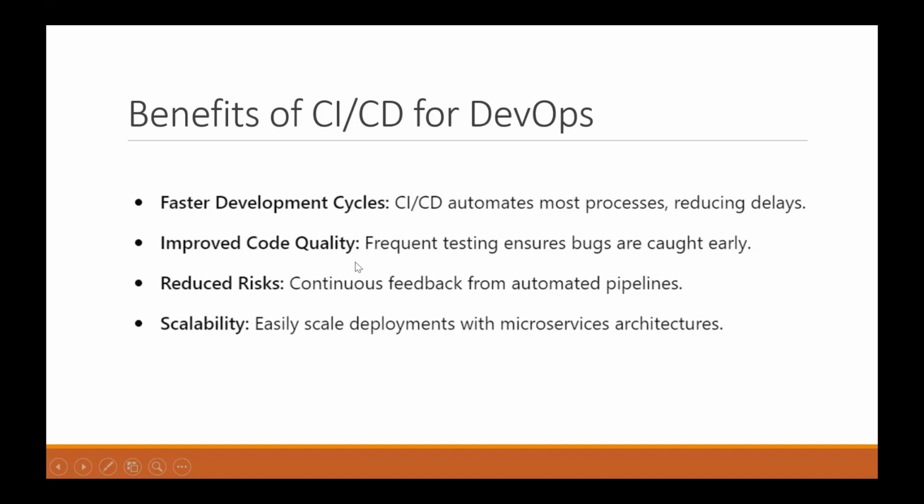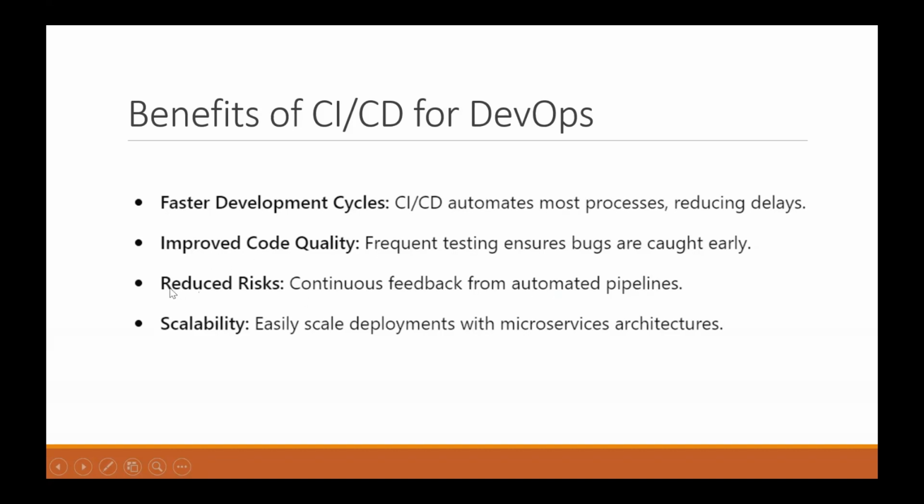You can see from running the unit test cases in the continuous integration pipeline, running SonarQube scans and Nexus IQ scans in the continuous integration pipeline, to running smoke testing, multiple types of testing like functional testing, regression testing, and all kinds of testing inside the continuous delivery or even in the continuous integration pipeline, so that bugs will be caught early and you can fix the bugs easily. So this will improve the code quality.